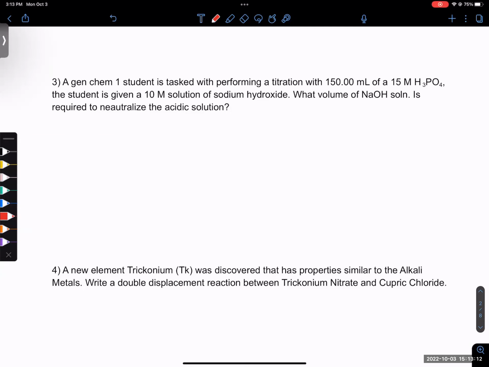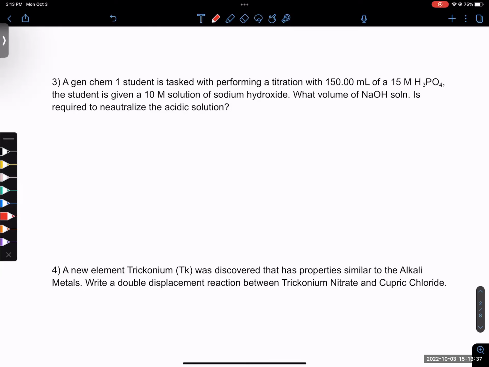So it's asking us what volume of the sodium hydroxide solution is going to be required to neutralize all of the protons in the acidic solution, okay? So first, if we want to figure out how much of something is required to neutralize each proton, we should figure out how many protons there are in that solution, right?